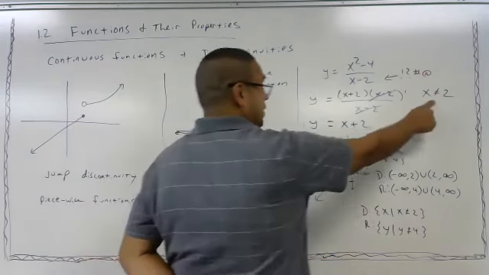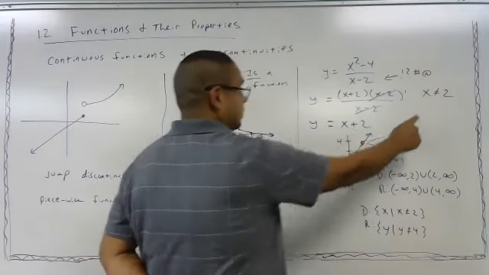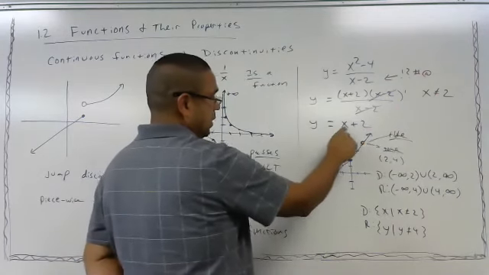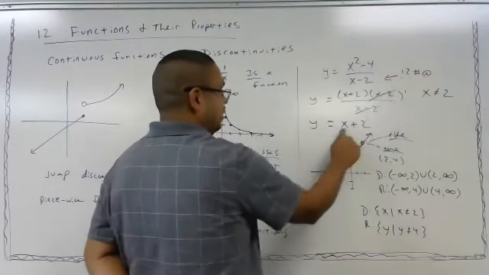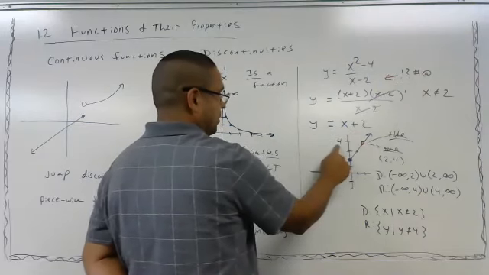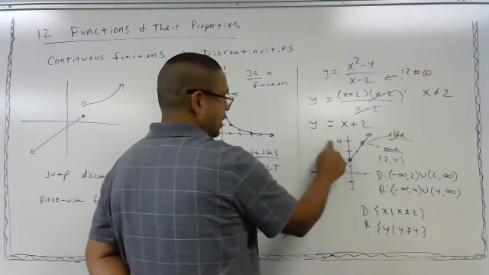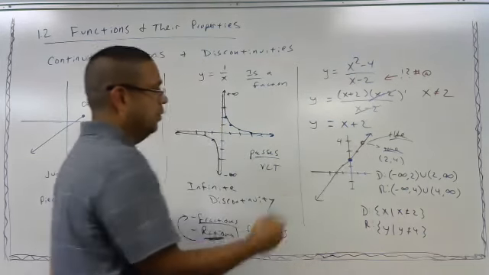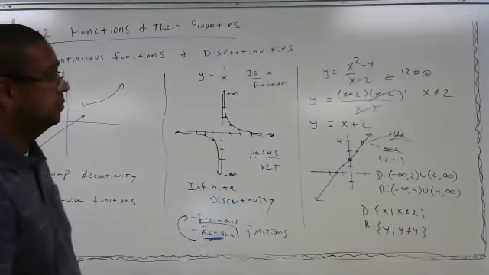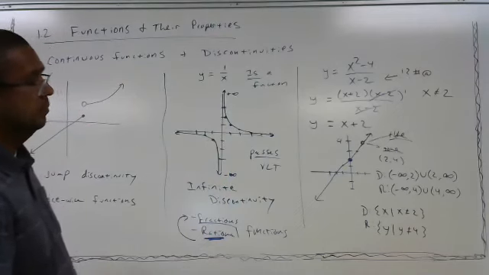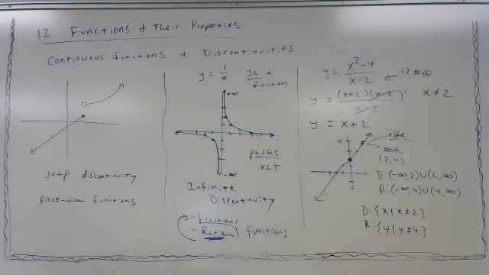So because x cannot be 2, y can never be 4. Because if x was allowed to be 2, 2 plus 2 is 4. But since we can't allow the 2, we can't allow the 4. There's no way to get to 4. Hopefully that makes sense.